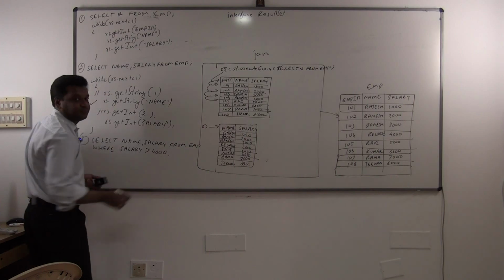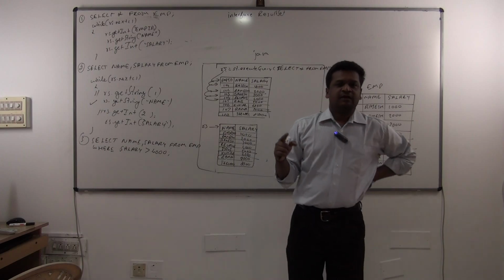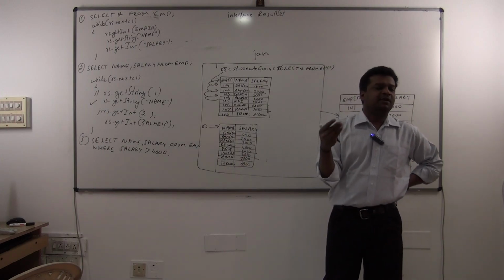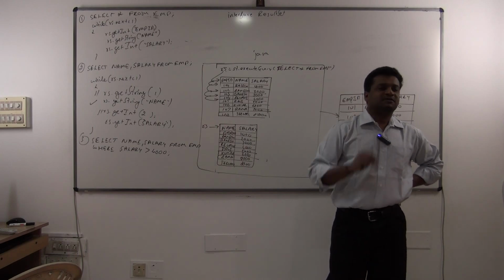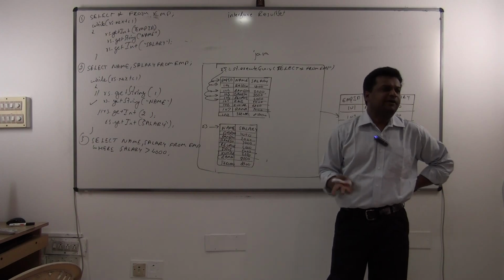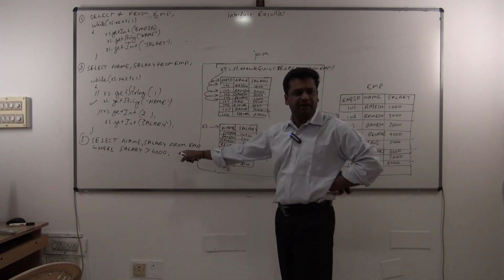Now very interesting query. In the user interface, there is an option: show me all the people's name and salary whose salary is greater than 4,000 rupees. The user will click on that option. So to display that, why do you want to retrieve all the records? Based on that, you'll write this query, select name and all that.